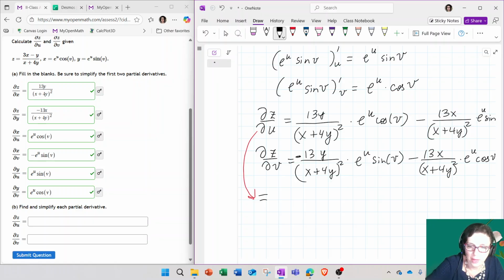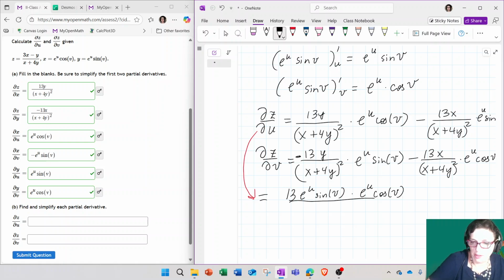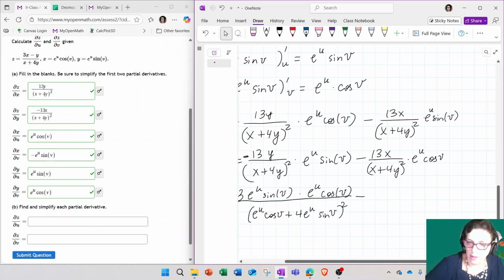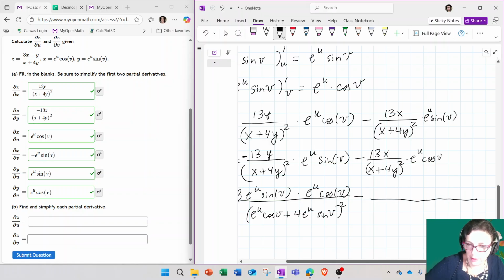So we get 13, and instead of y we plug in e to the u sine v, multiplied by another e to the u cosine v, and divided by x, which is e to the u cosine v, plus 4y, which is e to the u sine v, and then we square that. Minus, and it's going to be the exact same bottom, which helps us because we can combine this into one lone fraction, since the bottom is the same.